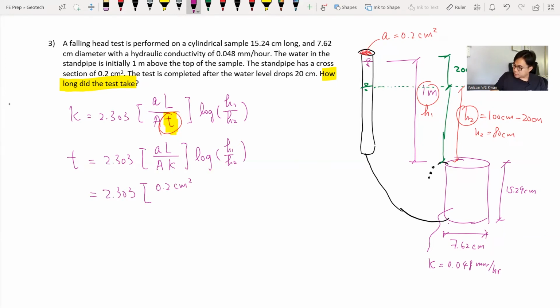So the length of this sample is 15.24 centimeters. So this is the length of the specimen, divided by the area. We can find out the area of the specimen. This is just given the diameter. So pi r squared again, the circular area. Check with the units. And also we are given the hydraulic conductivity.